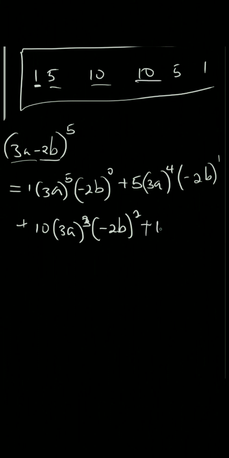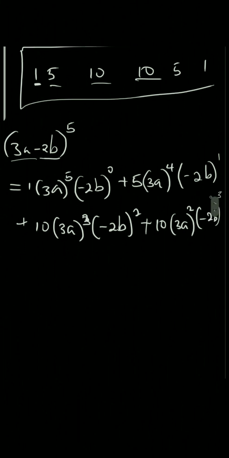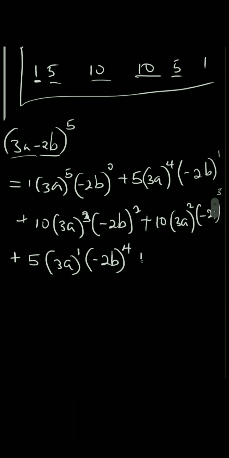Then you add the next one, which is 10. This will give us 3a to the power of 2 times negative 2b raised to the power of 3. Then you come to the next one, which is 5, multiplied with 3a raised to the power of 1 times negative 2b raised to the power of 4.